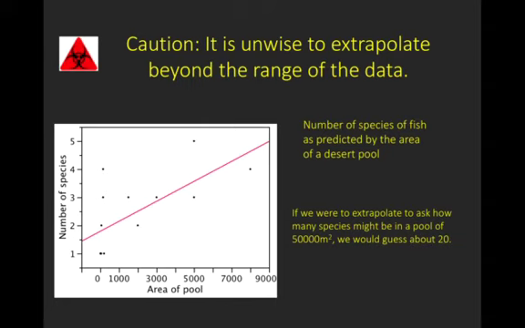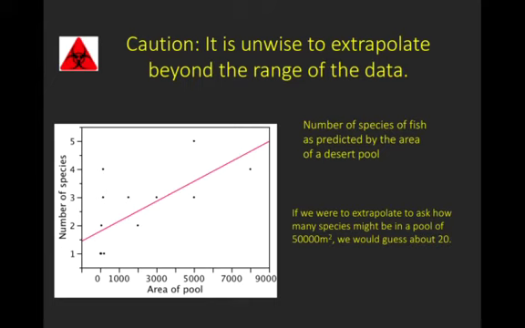For an example, in this graph, there seems to be a positive relationship, a positive regression, between the area of a pool and the number of species that you would find in said pool. So, if you stumble across a pool of 5,000 square meters in the desert without having looked at the number of fish in there, you could predict that pool would probably have anywhere between 3 and 4 species of fish in it, which is helpful if you're some sort of ecologist doing surveys and you're doing a pool study.